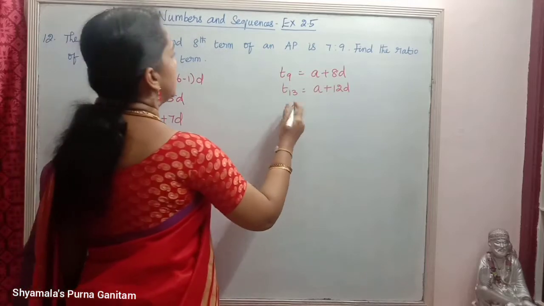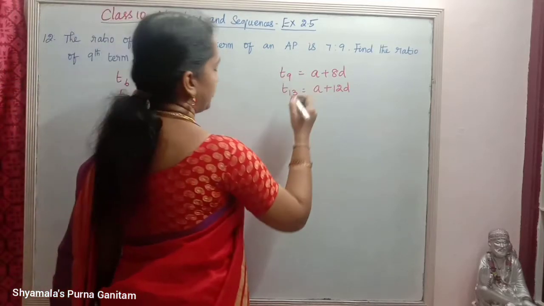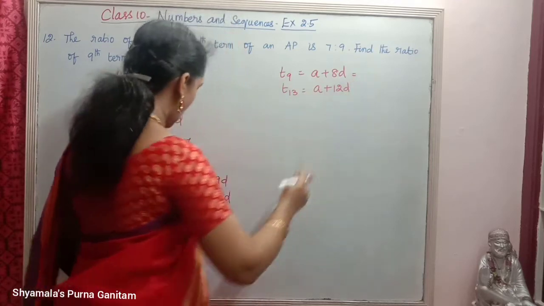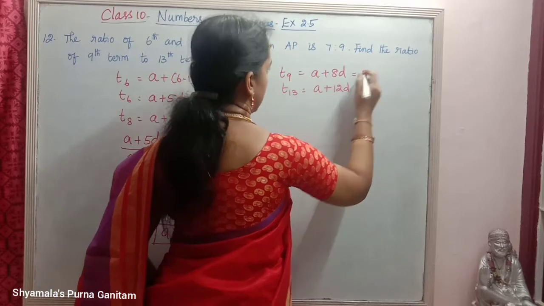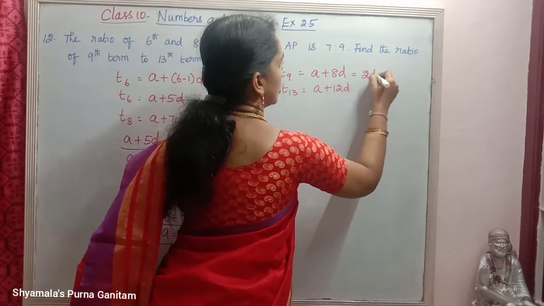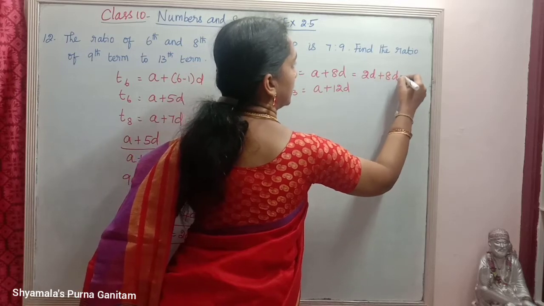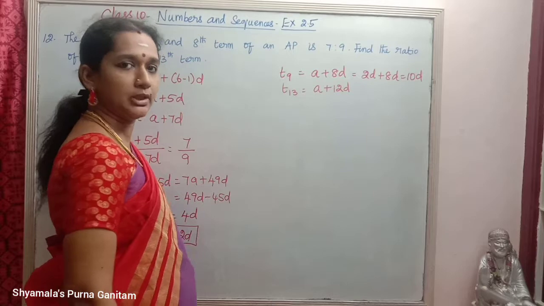For this, we got the value of A as 2D, so we substitute 2D for A. So 2D plus 8D will be 10D. That is, T9 is equal to 10D.